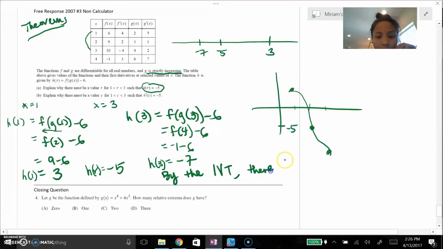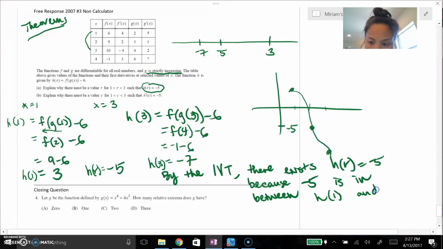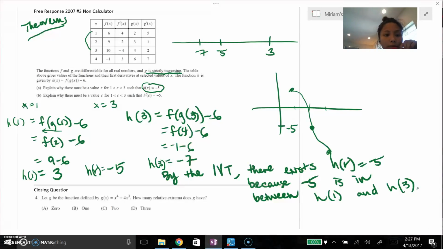Okay, there exists h of r equals -5 because -5 is in between h of 1 and h of 3. That's all it's saying. It's saying, show me why there has to be an x value in between them where the y value is -5, and you just did it.